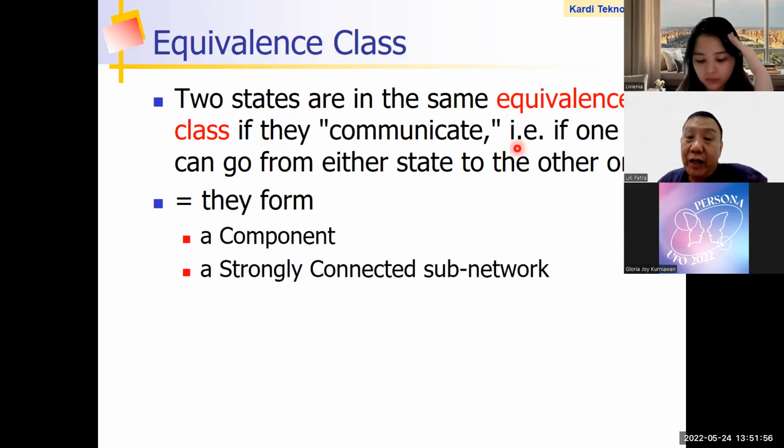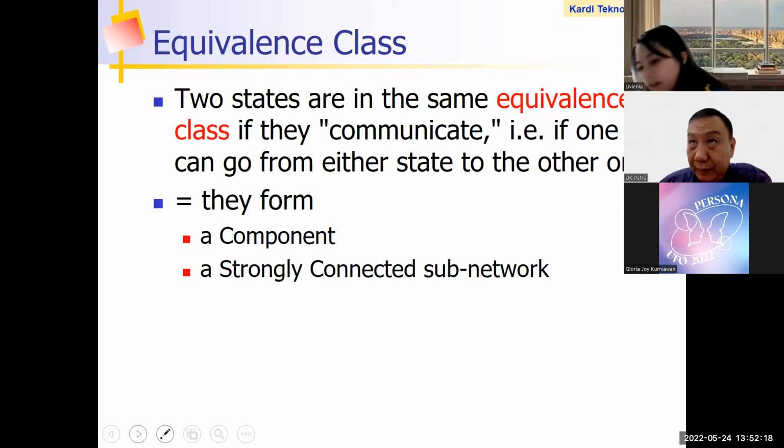What is the meaning of communicate? You can go from either state and then go back. So remember, equivalent class is the same as component, the same as strongly connected subnetwork. Up to here, is there any question? So far so clear? Just the names.